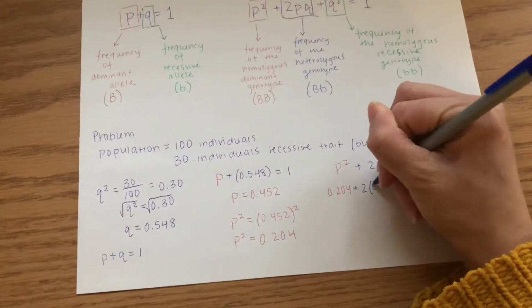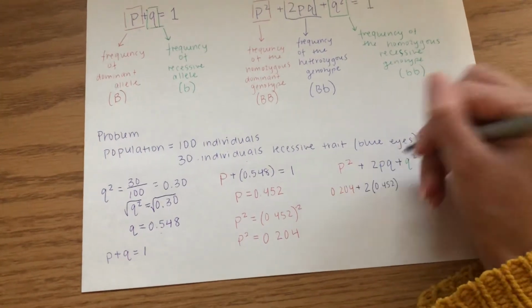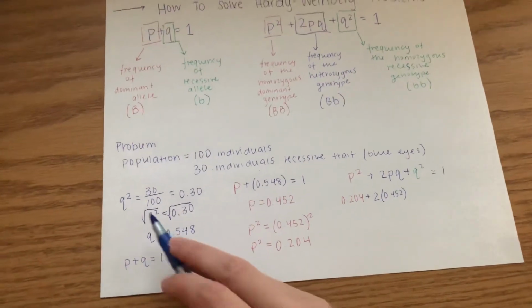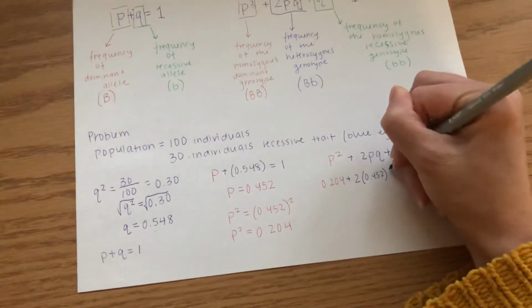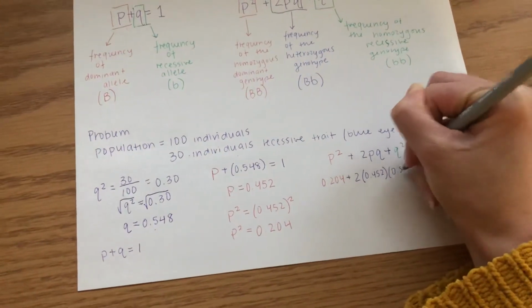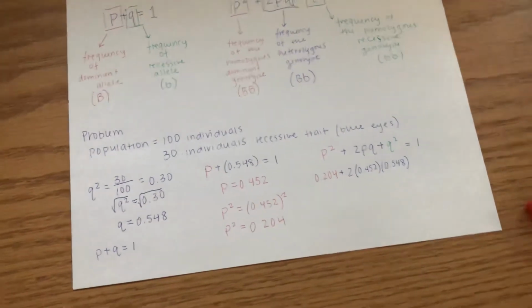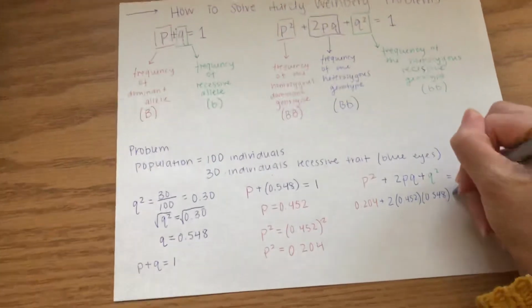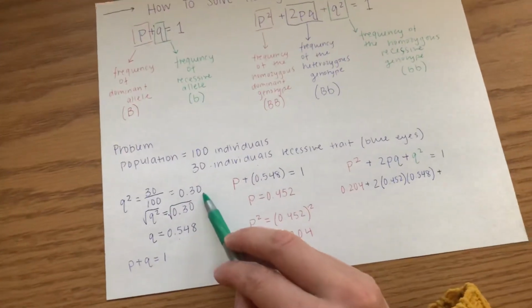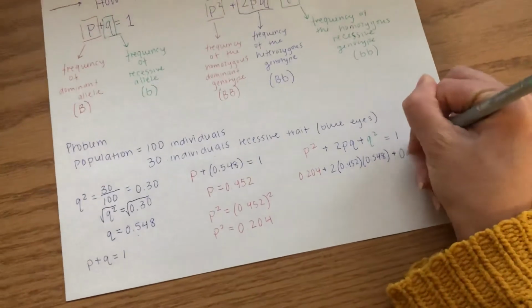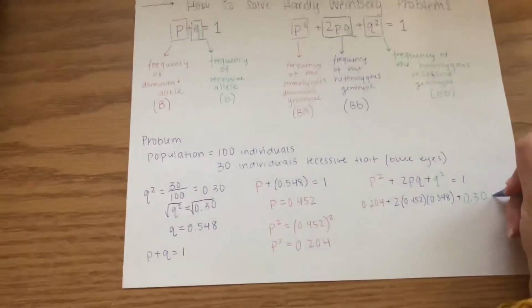So now we have our 0.452 times Q, remember just the Q value, so we want to use this one right here. Q equals 0.548, okay? And then we can add our last Q squared. So now we go back to our Q squared, the original value we got, 0.30. And this should all equal 1.